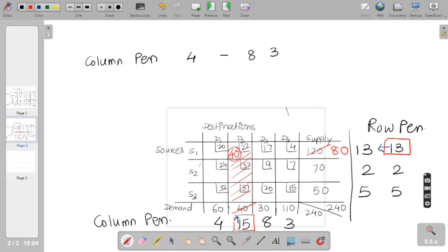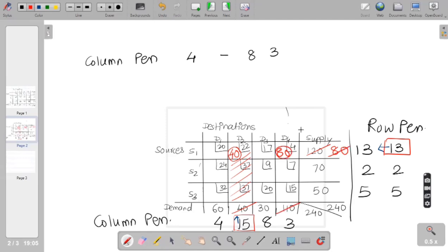The largest penalty belongs to the first row, and in the first row the smallest transportation cost is 4, that is in row 1 column 4. The situation is that at destination 4, 110 units are required while we are left with only 80 units, and therefore we will give all 80 which are available.